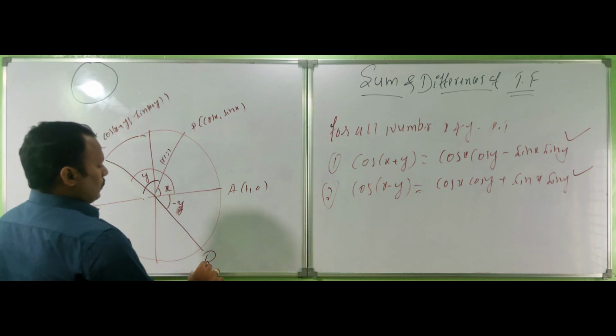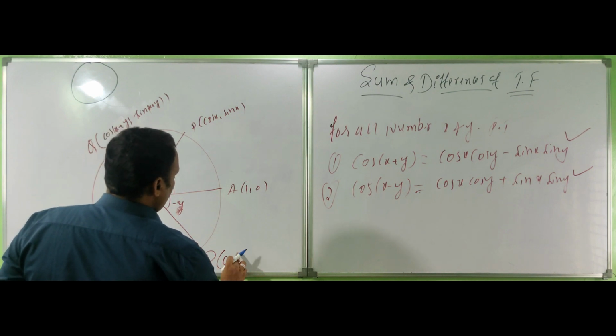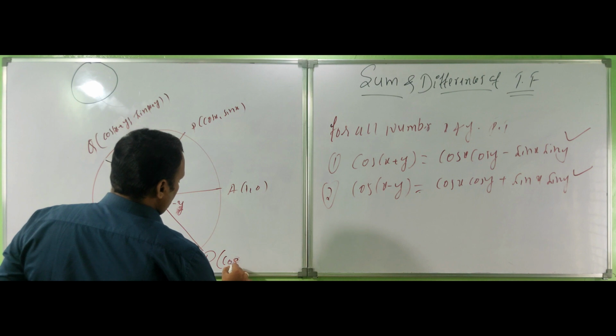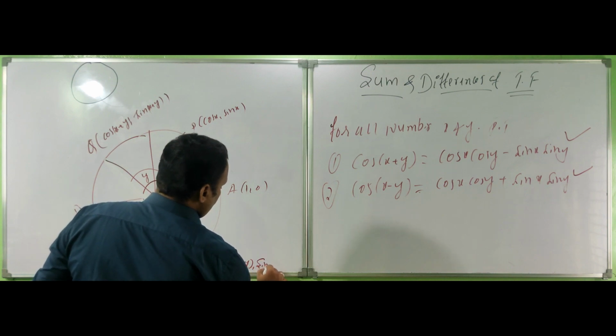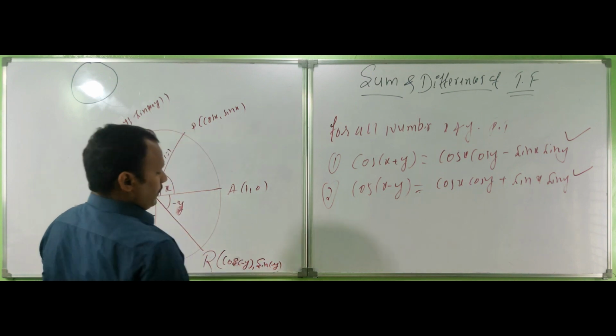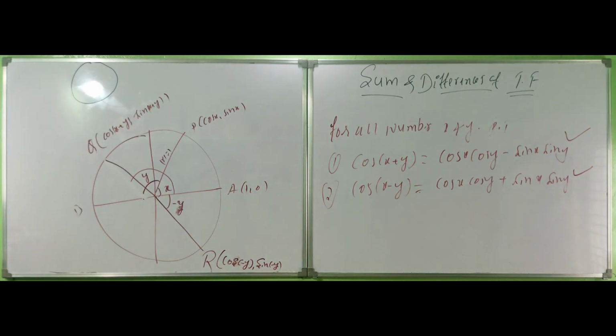The point becomes cos of minus y and sin of minus y.